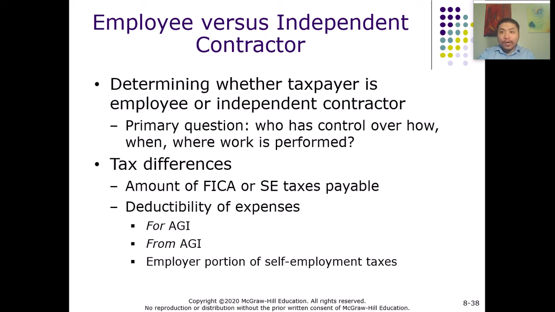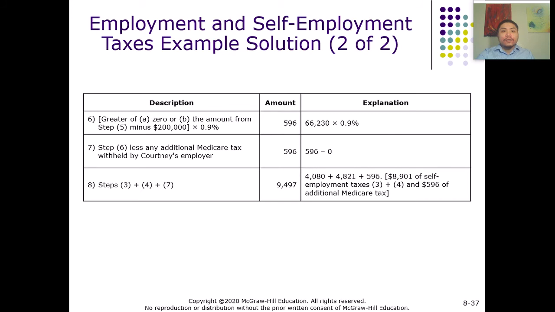The reason we have to differentiate between these two statuses is because, as we already talked about, the FICA taxes are calculated for a person who is employed by someone, who has a job with some company, right?